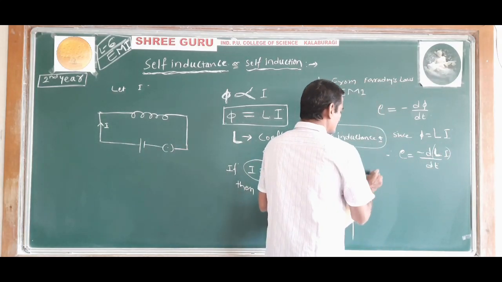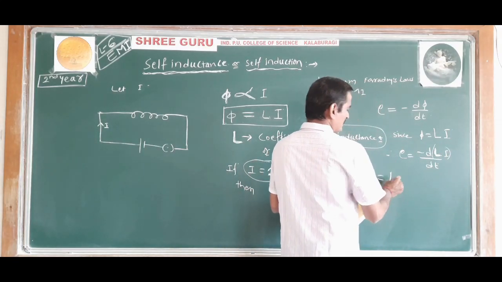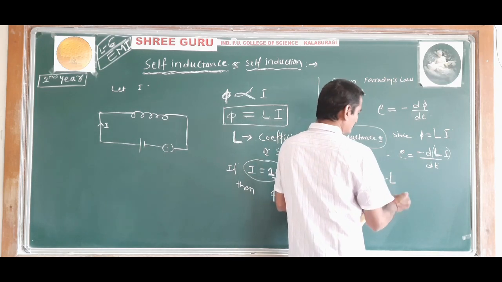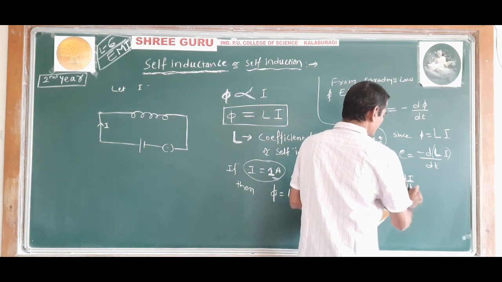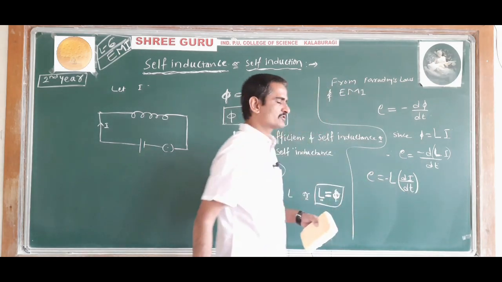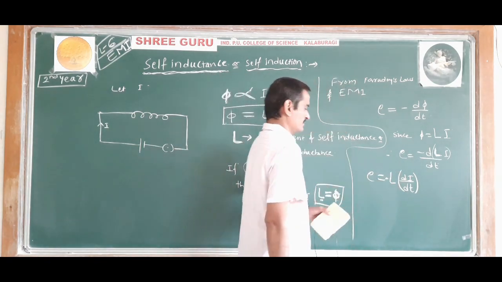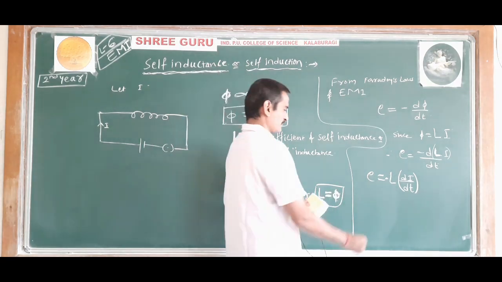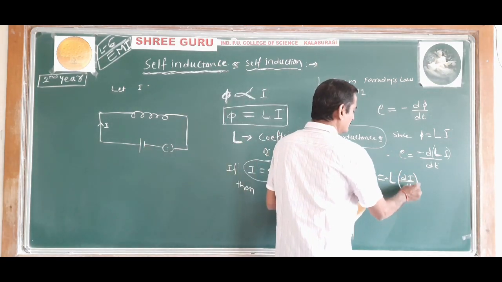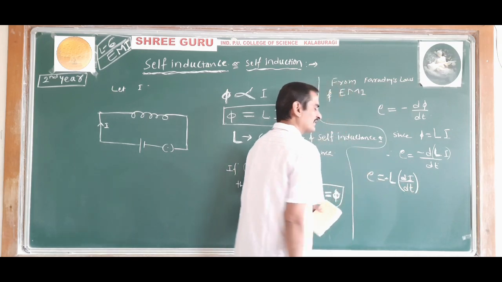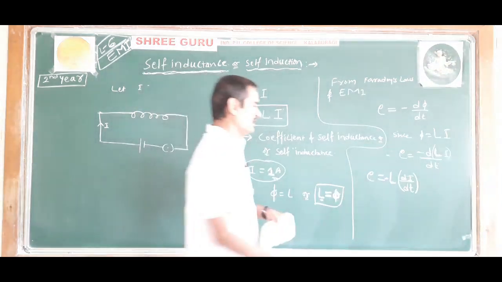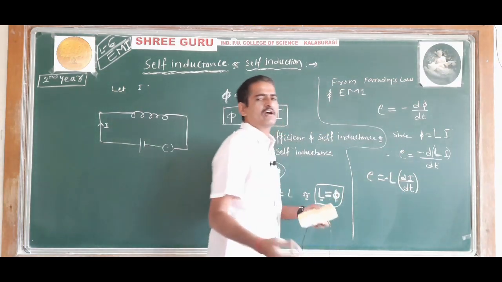So therefore E is equal to minus L di by dt. Understood? So this is one expression you can tell for induced EMF. Induced EMF is equal to minus L di by dt. Di by dt is nothing but the rate of change of current, and the negative sign means the rate of decrease of current, you can tell.